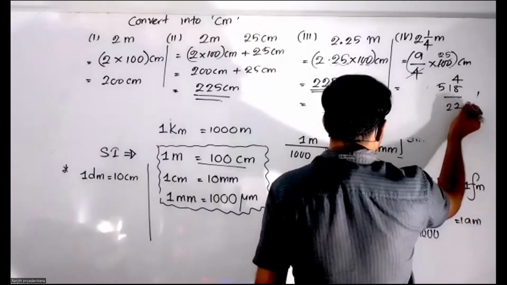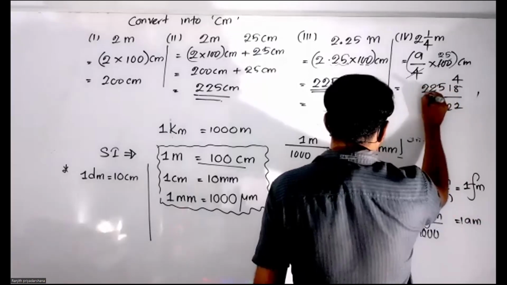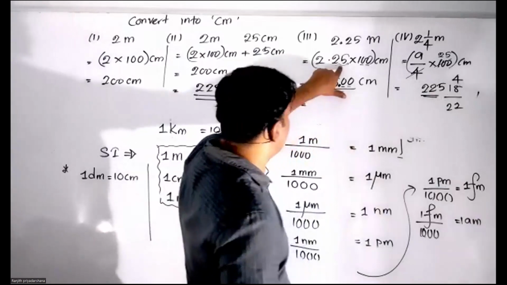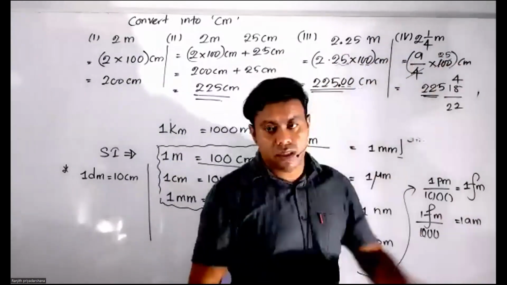And 22. 225. Same answer, right? Because 0.25 means quarter.